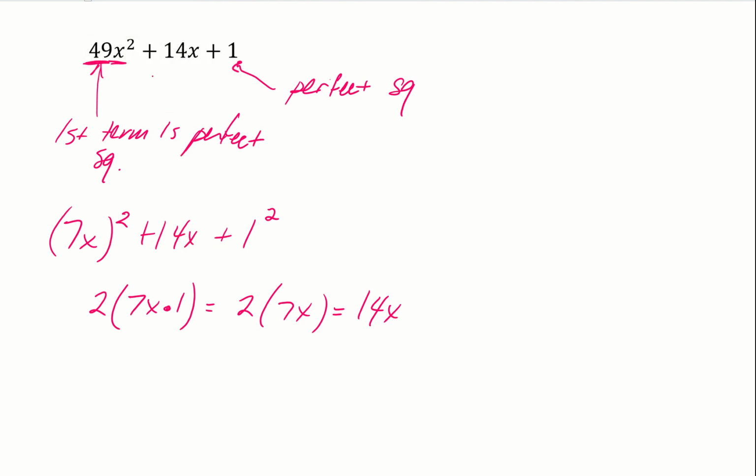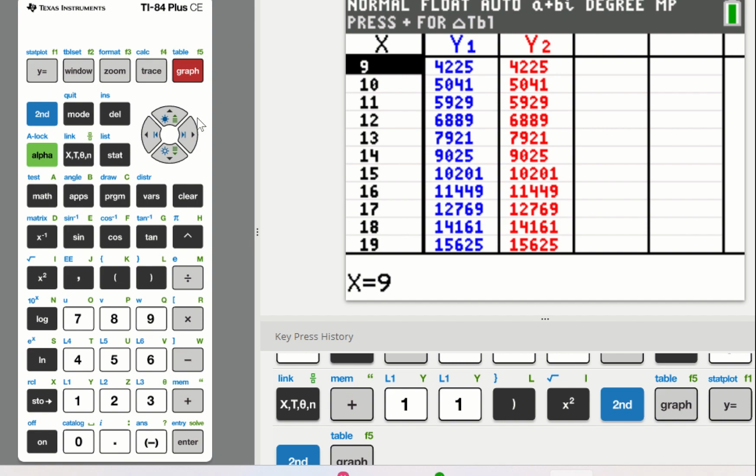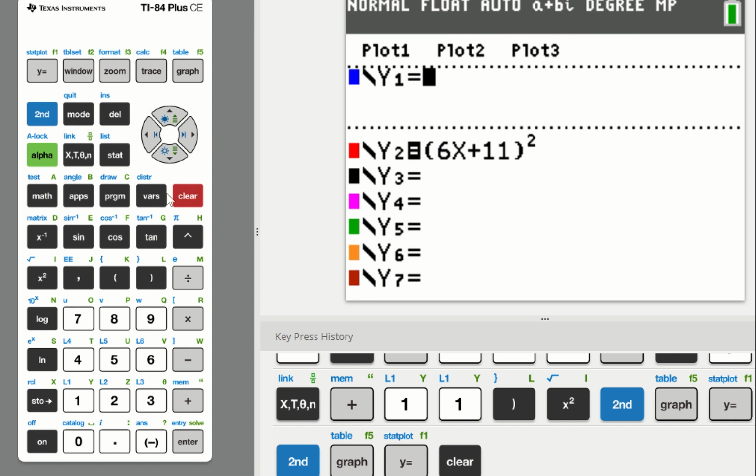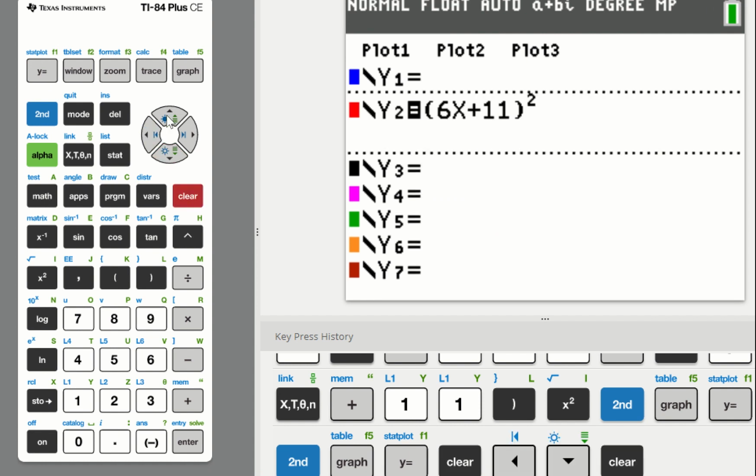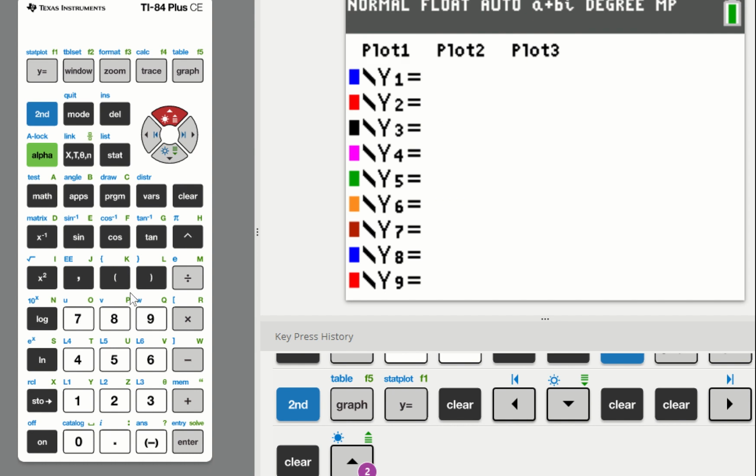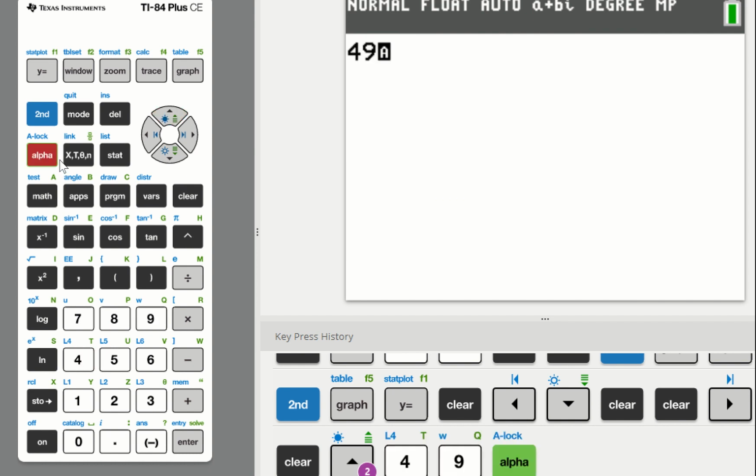And so the factored form, we just take the square root of the first term, so 7x, and the square root of the second term, 1. That quantity is squared. So these two expressions are equivalent. And I can check it really quick on my calculator. So I go to y equals, and I'm going to type in both expressions.